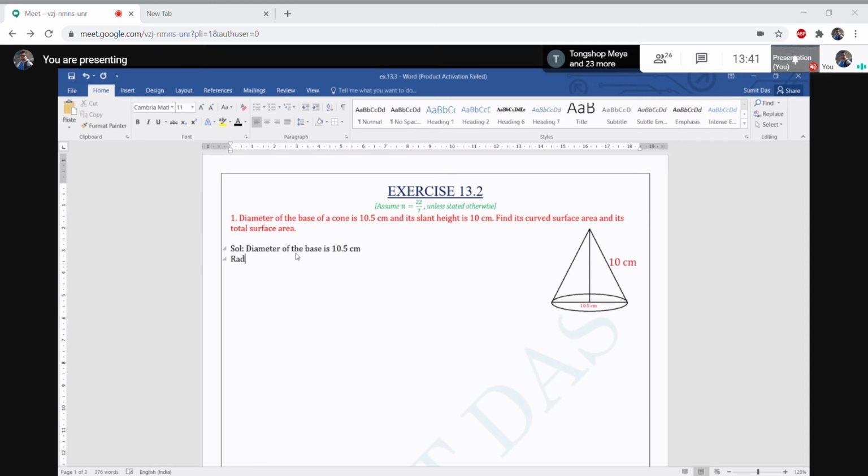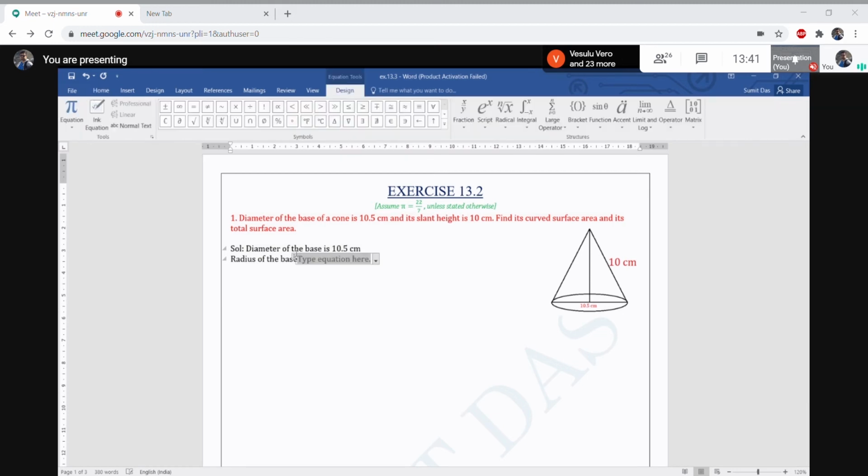Therefore, radius of the base is equal to 10.5 divided by 2. If you simplify this, you will get 105 divided by 20, equal to, if you simplify more, 21 by 4.